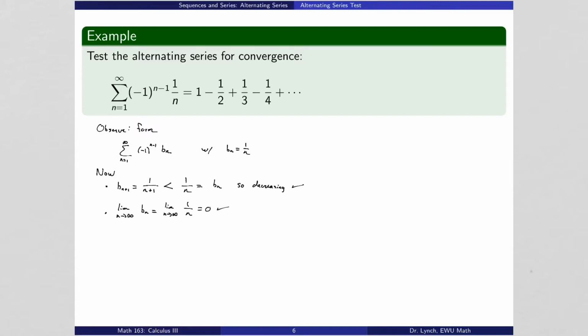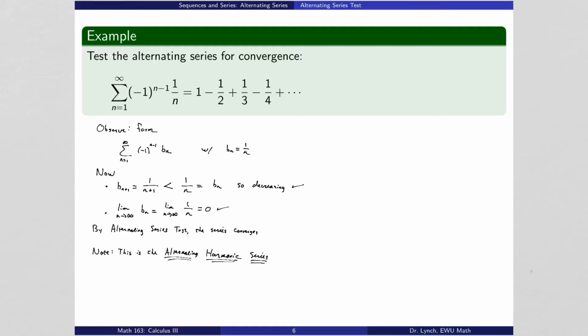So the nth term in the series is again 1 over n, and we see that the n plus first term in the series is strictly less than the nth term in the series. So the positive parts are decreasing, and similarly we see that the limit as n goes to infinity of b sub n is 0. So by the alternating series test, this series converges.